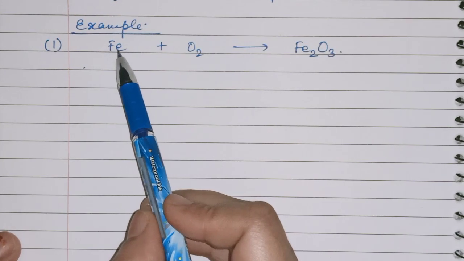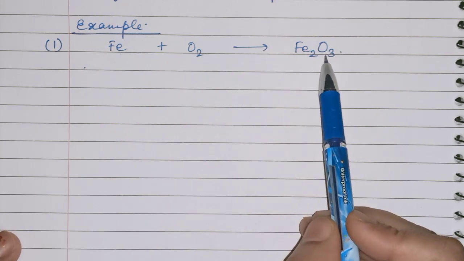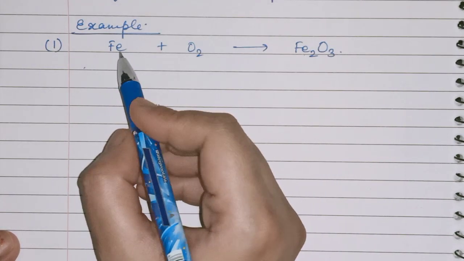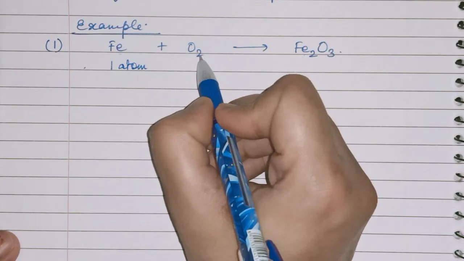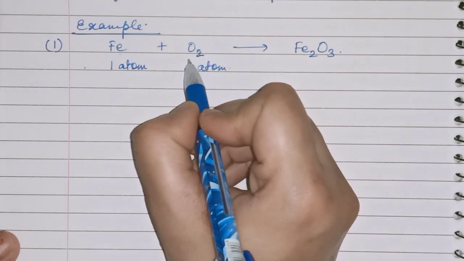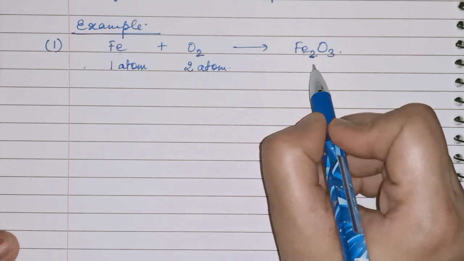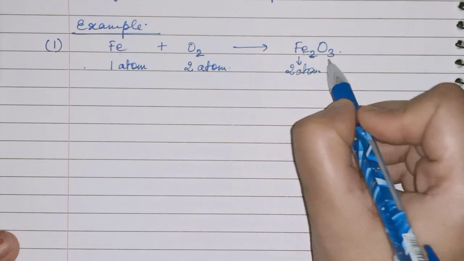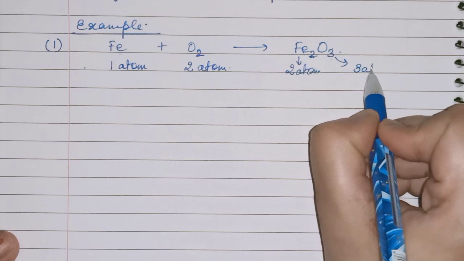The example is iron and oxygen gives iron oxide. Here you can see that the number of atoms for iron is 1 atom, and oxygen is 2 atoms. On the product side, iron is 2 atoms, and oxygen is 3 atoms.